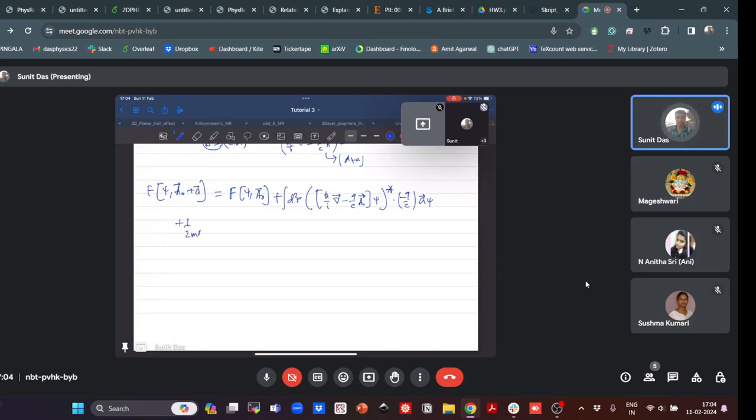Plus 1 by 2m star, minus q by c is psi star, multiplied by h bar by i gradient minus q by c A0 psi, plus 1 by 4 pi curl of A0 multiplied by curl of A0.